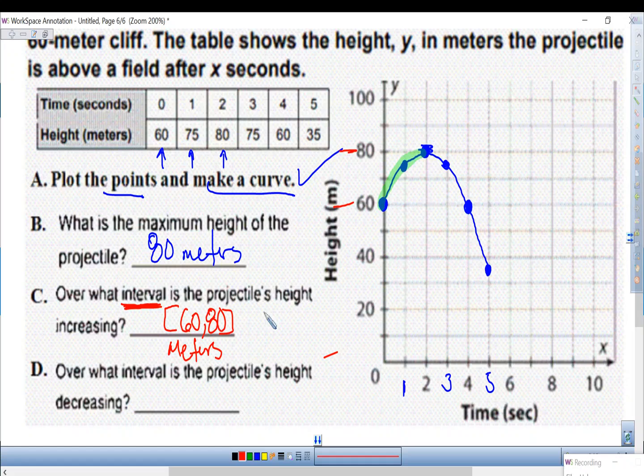However, I also want you to show me the interval for that section, but for the seconds. So write the interval in seconds also for when the projectile is increasing in height. What is the interval in seconds? Maddie, go.